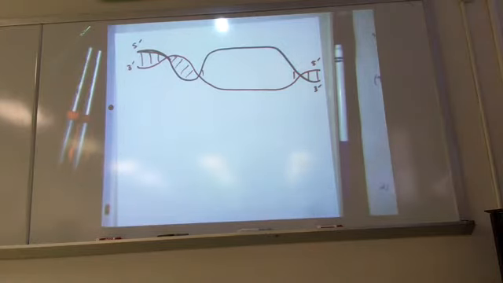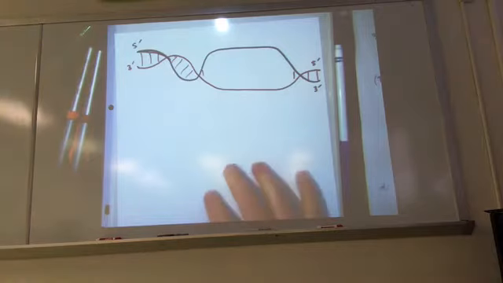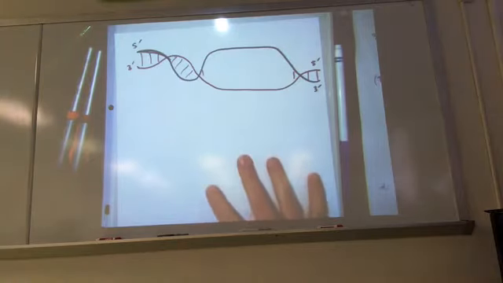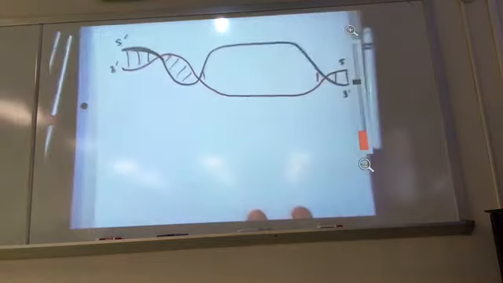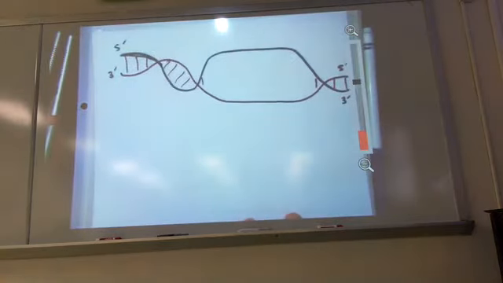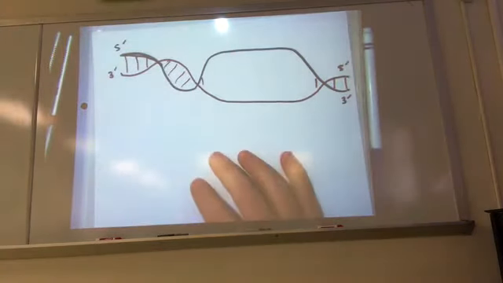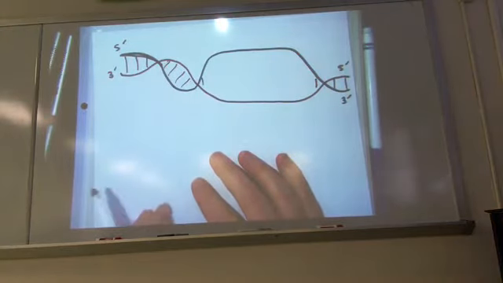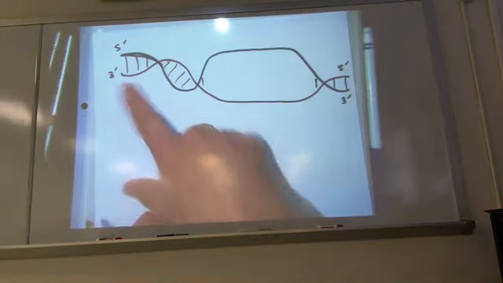So we learned that transcription begins when the RNA polymerase encounters a promoter region. So on our DNA, we're going to be reading the strand that starts out as the 3' end.